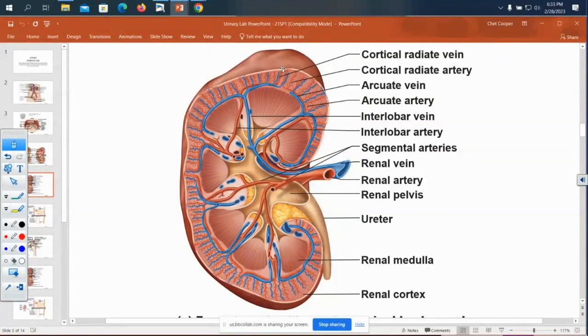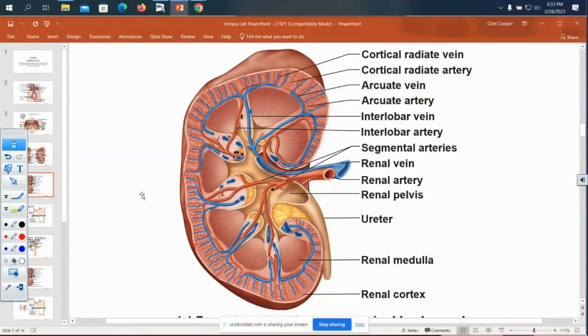But why I show you that, and why I also show you this, the little one that arcs over, is because our next picture is going to be labeling a nephron. And the nephrons are out here with these vessels. The nephrons are primarily in the cortex.